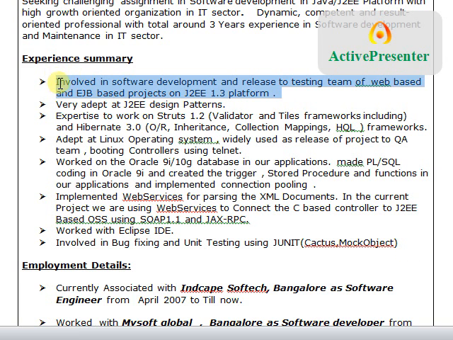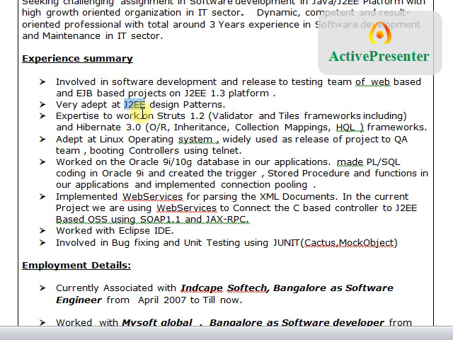In this case, it says involved in software development and release, which shows that the candidate has been involved in software development. He has used EJBs, done something on the J2EE platform, worked on Struts, worked on J2EE.